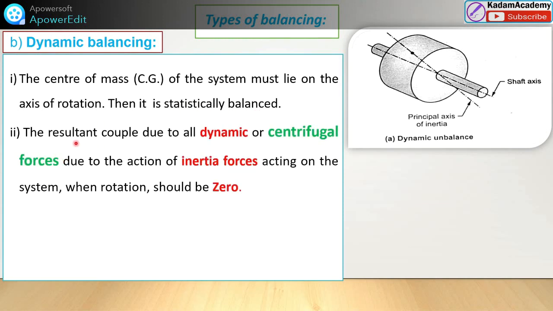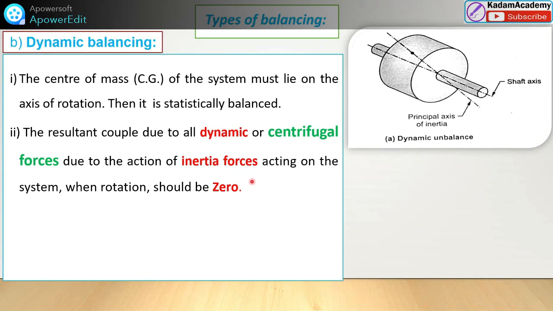Here, what will happen? Due to these forces, the resultant couple due to all dynamic centrifugal forces, and due to this action, inertia forces act on the system. Why do these centrifugal forces occur? Due to the inertia forces, and they will create a resultant couple.